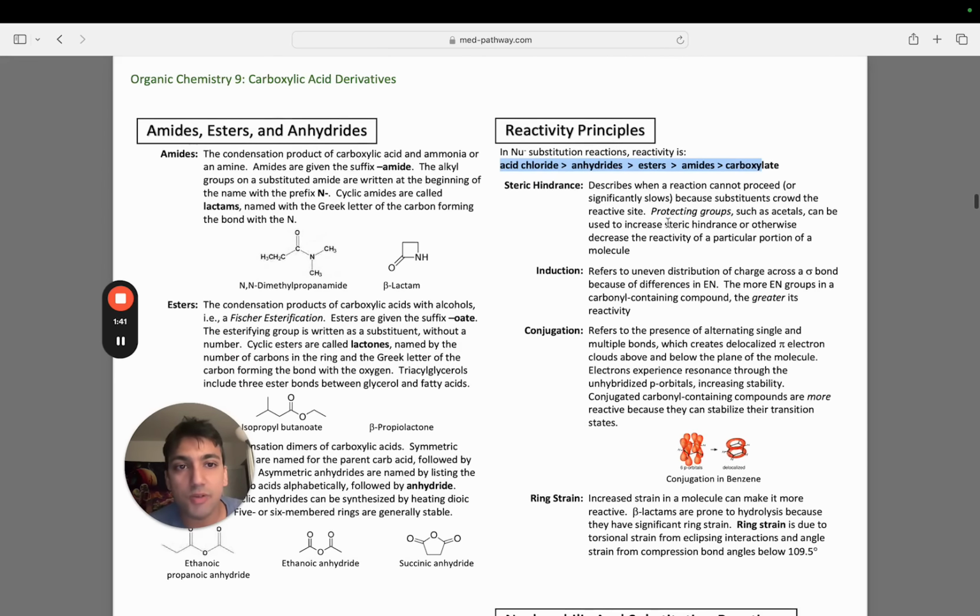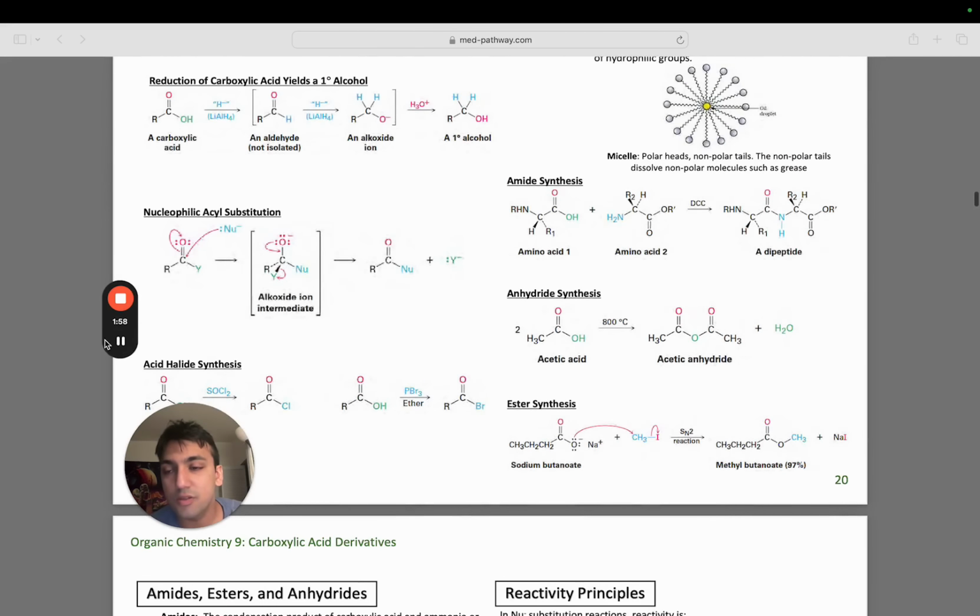Steric hindrance describes when a reaction cannot proceed because substituents crowd the reactive site. Protecting groups like acetals can be used to increase steric hindrance, and you should understand that protecting groups are used in certain reactions. Let's say we have a nucleophile in our solution, and we have this compound over here, and we know that this nucleophile is going to want to attack and replace this Y, right?